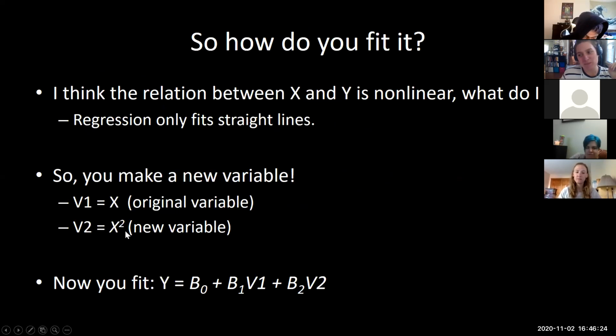It's an exponential variable. A quadratic variable, x squared. And so then your regression equation looks like it did with an interaction. It's b0 plus b1 times whatever your first variable is, and b2 times your new variable, which is x squared. An interaction with itself.